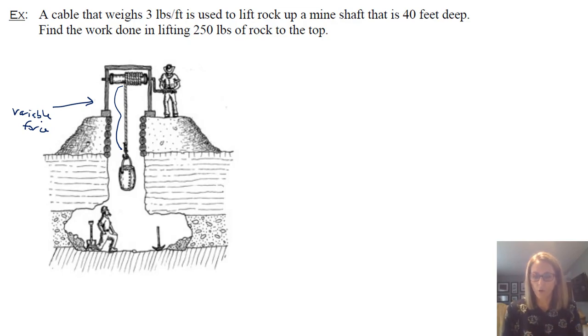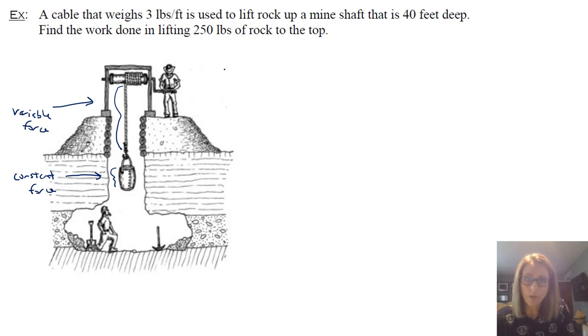You'll find that it's harder in the beginning because you have so much more that you're lifting up. And then as you pull it, it gets a bit lighter. So that's a variable force. However, this rock that we have is a constant force because it's always there and it doesn't change as you bring it up from the bottom. So you have a constant force here and a variable force.